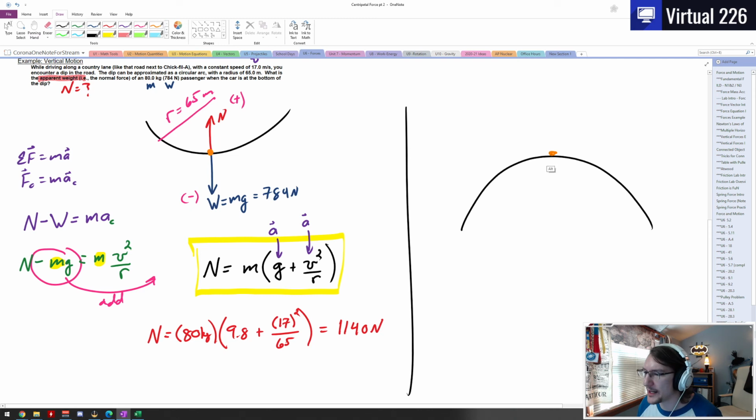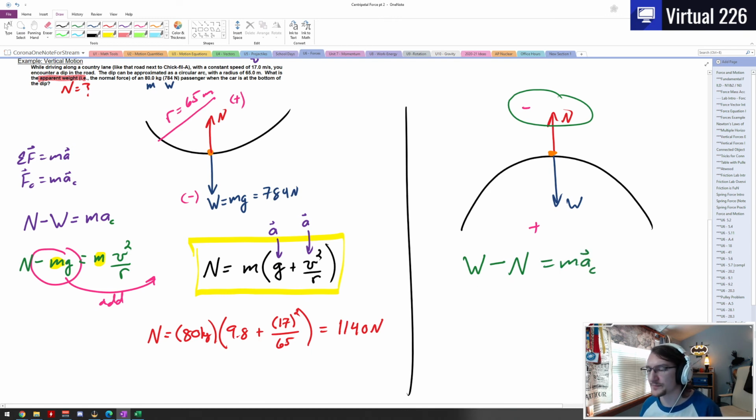Well, if you're going over the top, you're going over the hill, you're feeling a little lighter. You still have a normal force pushing on you, and you still have a weight pulling you down, which means that this equation is very similar, but it changed slightly. Now, instead of saying normal minus weight equals ma, it will be weight minus normal, because the normal now became negative, equals ma for the centripetal acceleration.